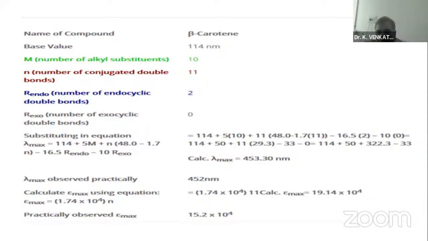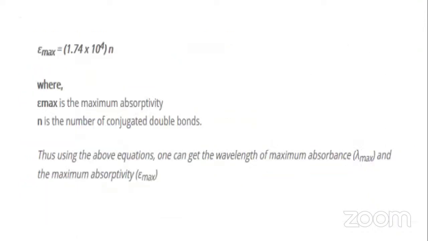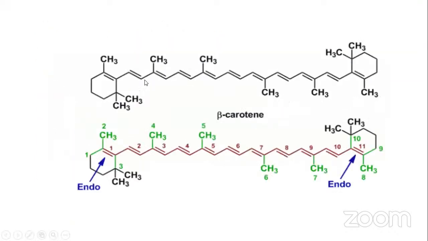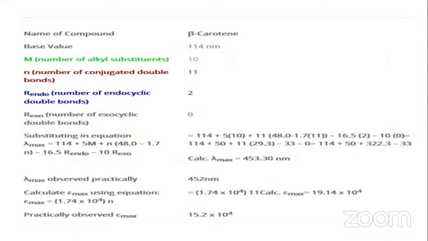Yes, madam. 11 is common, which we have written outside the bracket. Wait, here N means number of double bonds. Okay, sorry, I missed the sense. Yes. Okay, thank you, sir. Thank you.